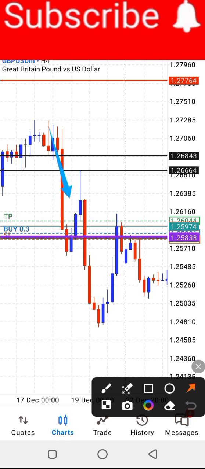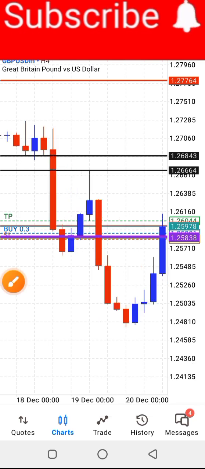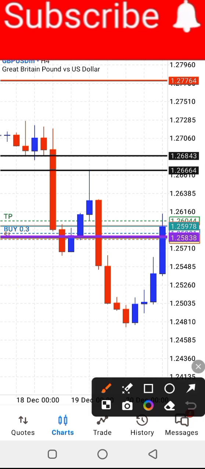Price came in towards the fair value gap. Let me zoom in so you can see it. There's a gap between the first candle of this week and the third candle. So this gap in between. Price came in to tap into that fair value gap and then pushed downwards to break structure.